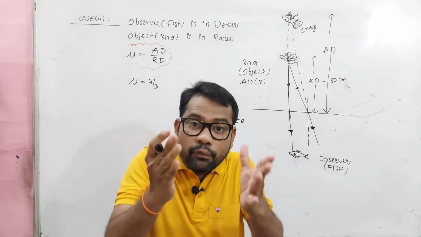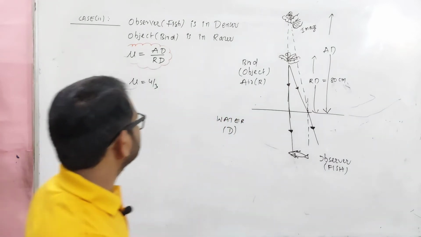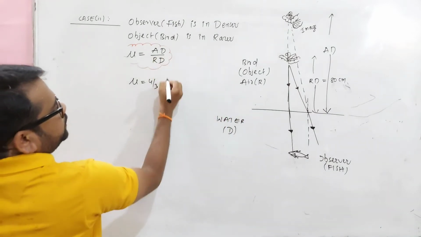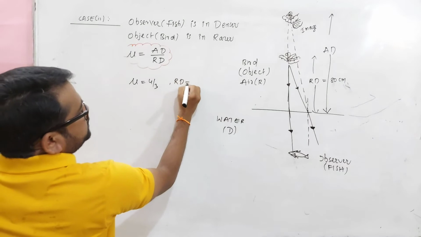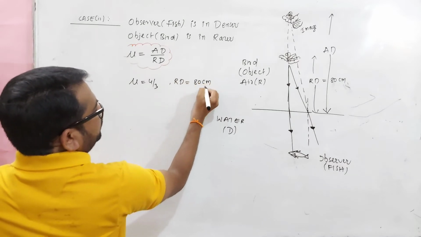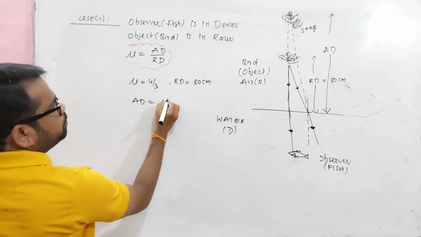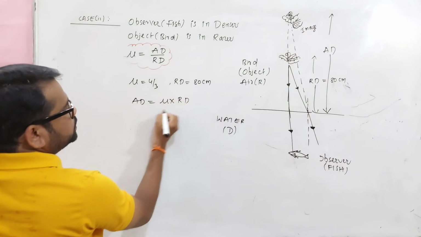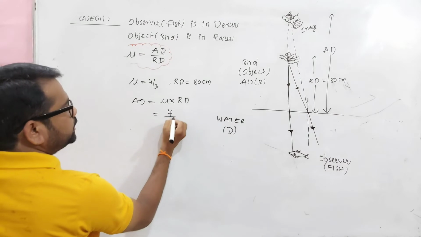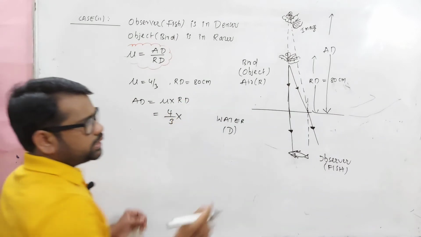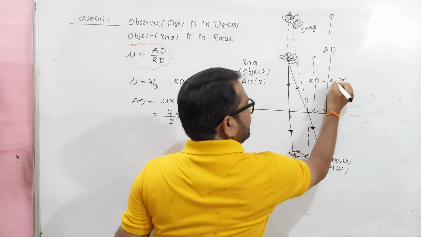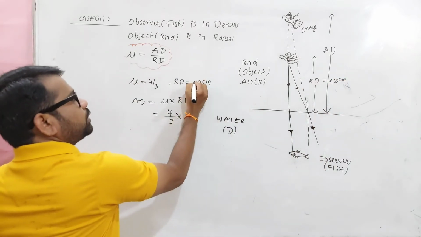But for a fish, where is it appearing? Look here. Real depth is given, that is 80 centimeters. Now let us calculate the apparent depth. Apparent depth is equal to mu into real depth. The mu value is given as 4/3. Instead of 80, let us take 90 so that our calculation becomes easier.